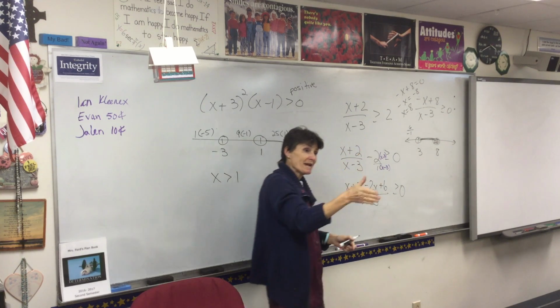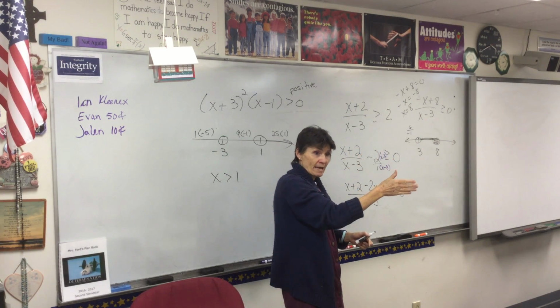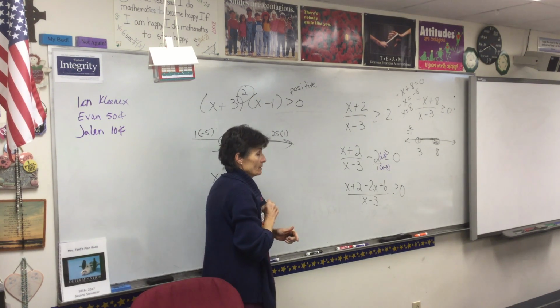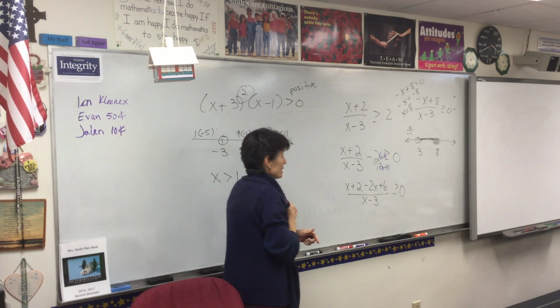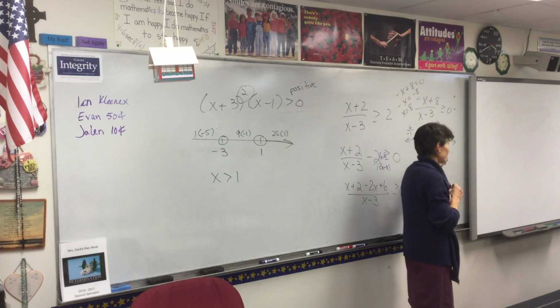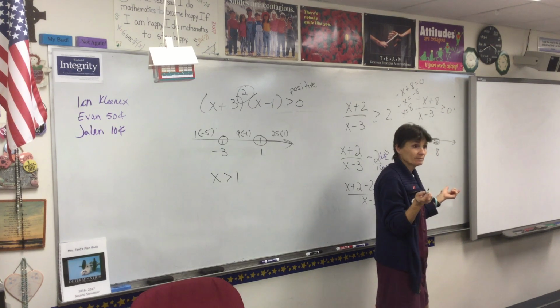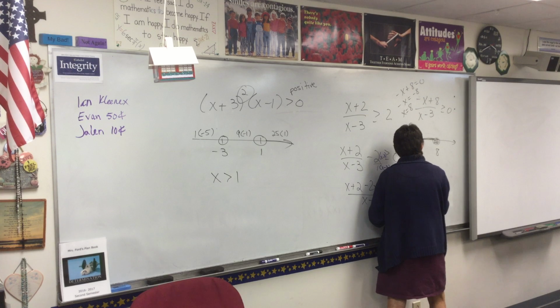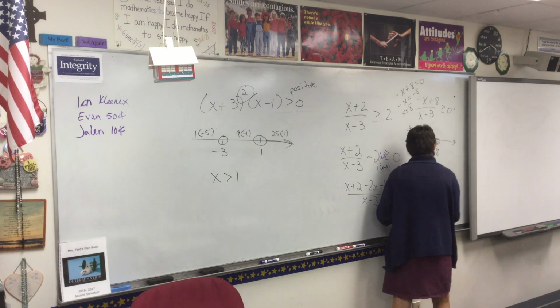Remember, your shading will always alternate unless you have this. So that's a shortcut. That's a time saver. You don't have to check here. You can if you want. Figure out your answer is everything between 3 and 8.